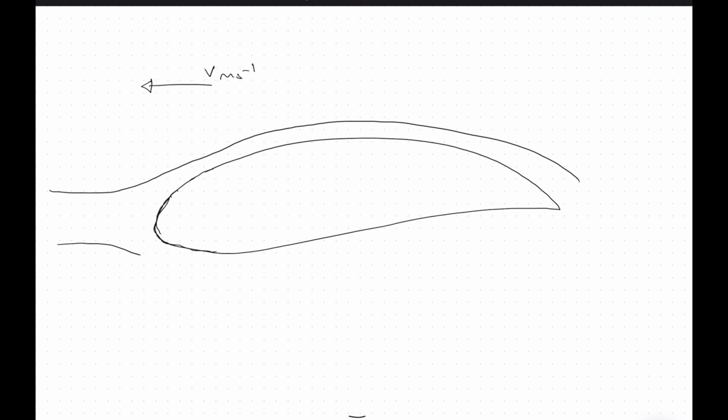We'll have the air moving across the airfoil shape, and because it is moving against the direction of the relative wind, we will have an induced drag force. Let's call this force D at the end, and since it is generating lift, we have the lift force acting upwards, and let's call this force L.